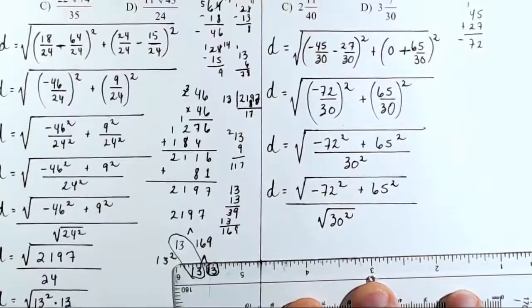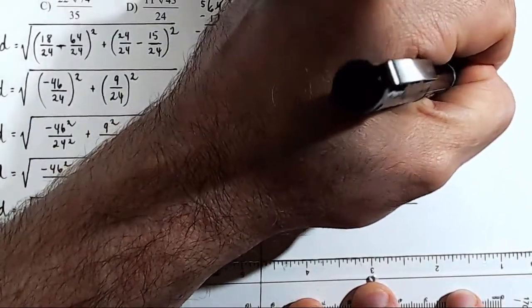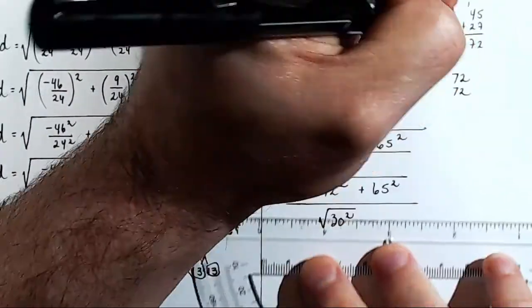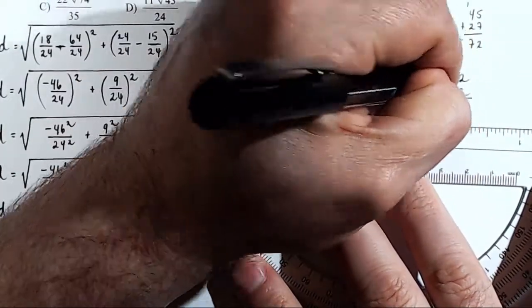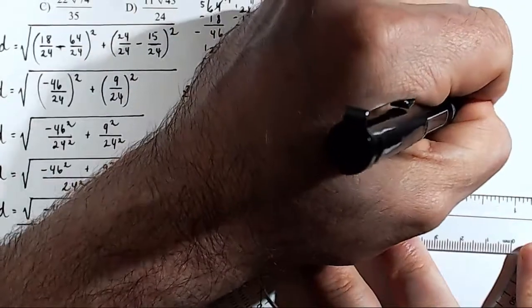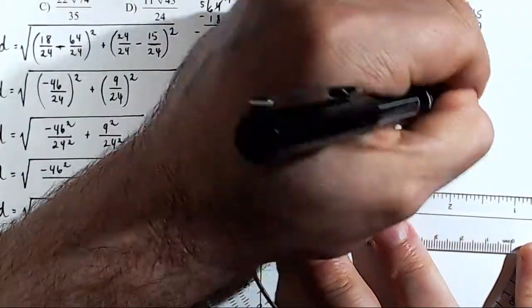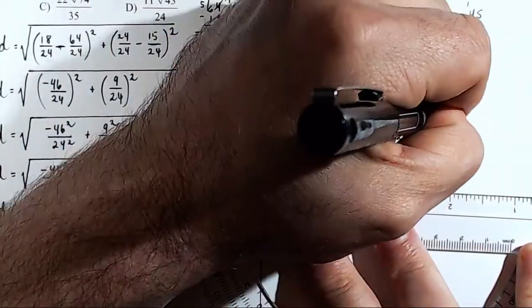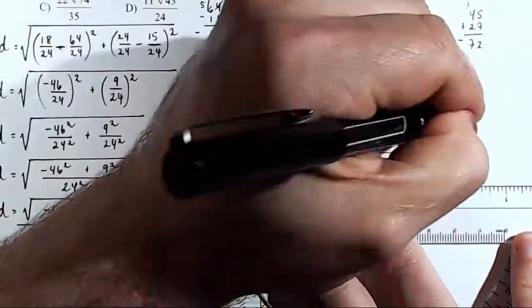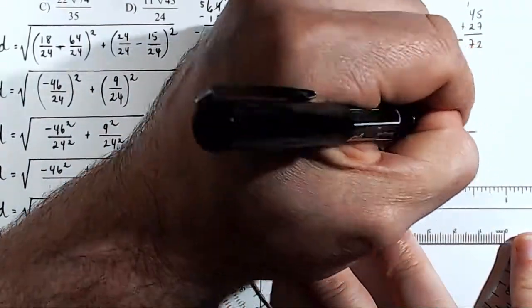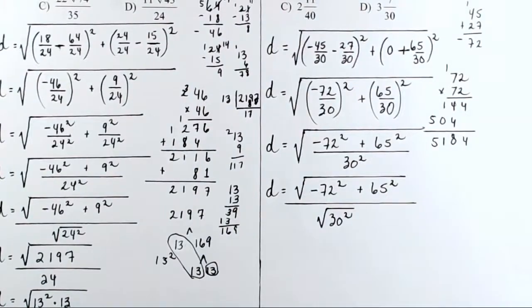So now I better find out what 72 squared is. 72 times 72. 2 times 2 is 4. 7 times 2 is 14. 2 times 7 is 14. 7 times 7 is 49, 50. So 4, 8, 1, and 5. 5, 1, 8, 4. That's 72 squared.